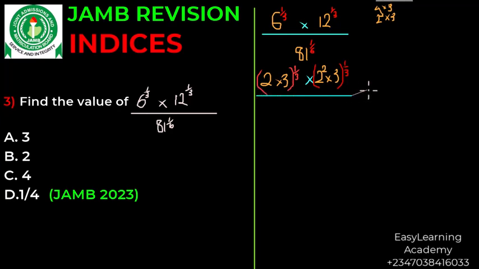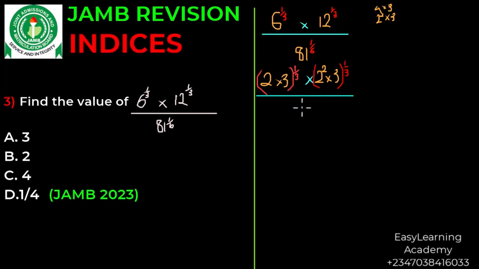Let's look at numbers that we can multiply together to get 81. That will be 3 times 3 times 3 times 3.